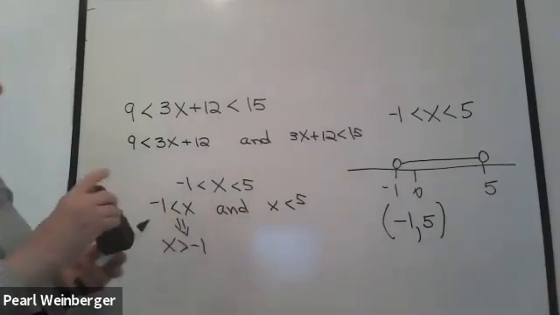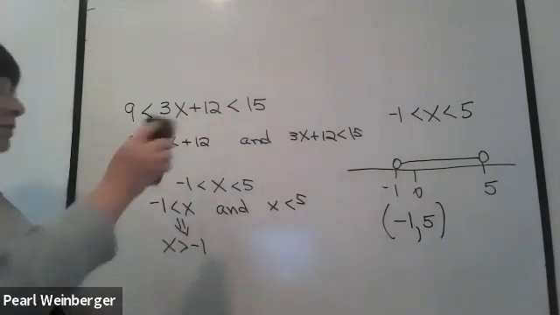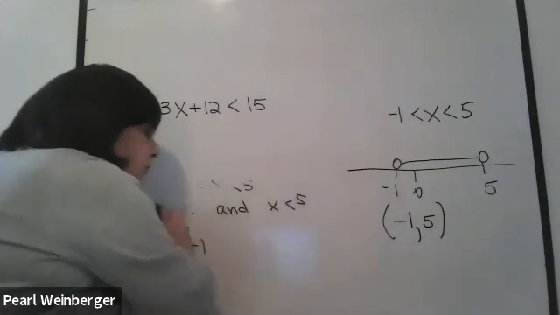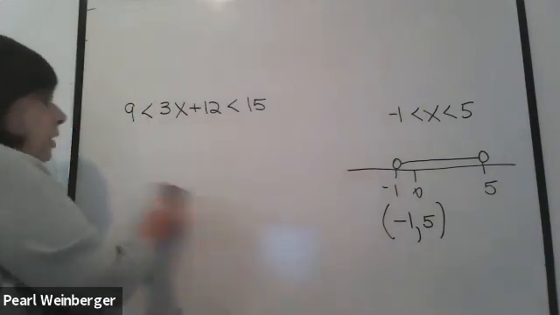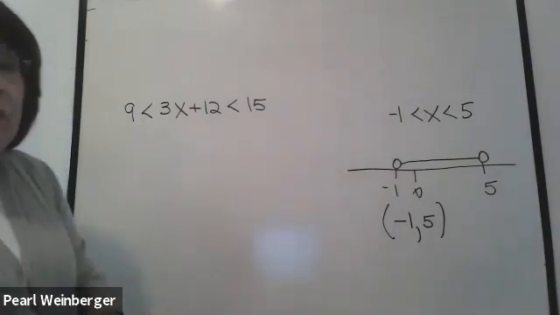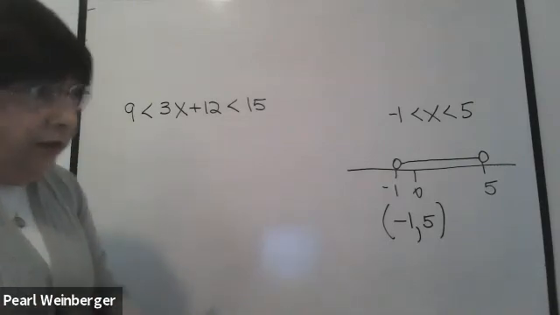Okay, so now I want to show you how to solve this thing, because that's really the important thing. Let's go over here. I want to solve this double inequality, and I want to do it in a simpler way for me to get the final answer.